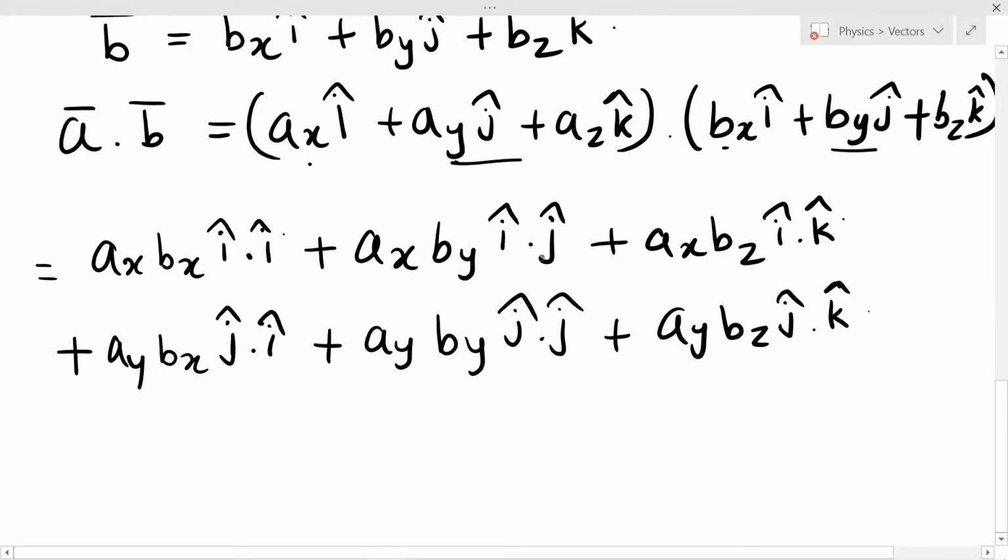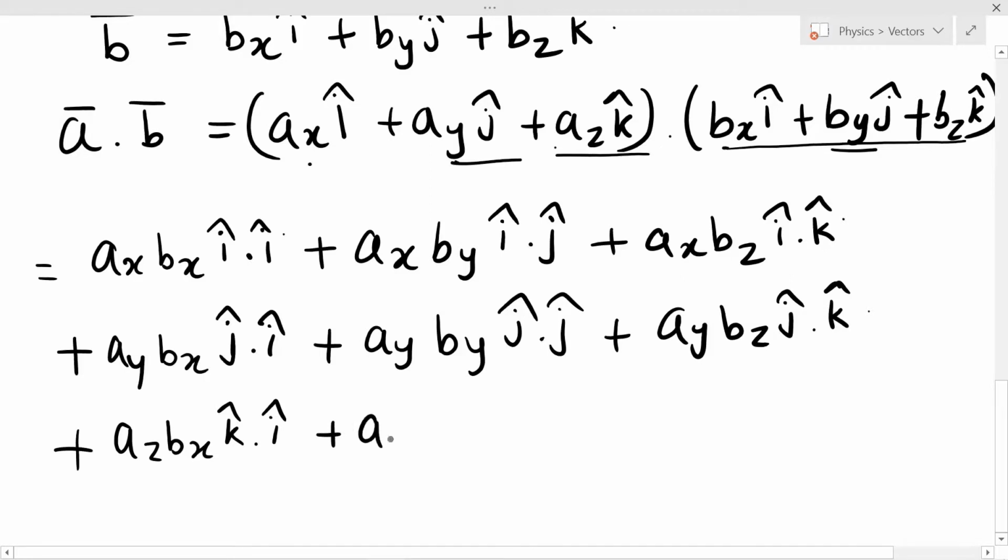So I am multiplying each term. So I will multiply each term of this b bar vector by az k cap. So az bx k cap dot I cap plus az by k cap dot j cap plus az bz k cap dot k cap.